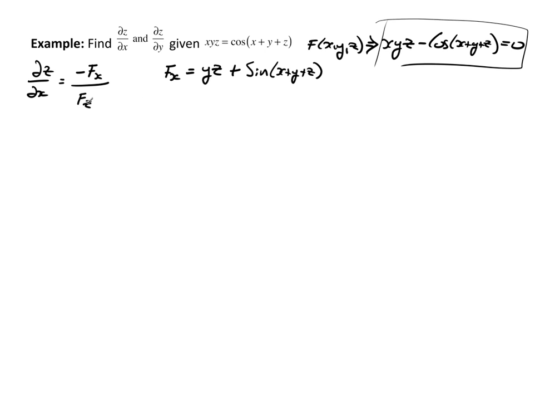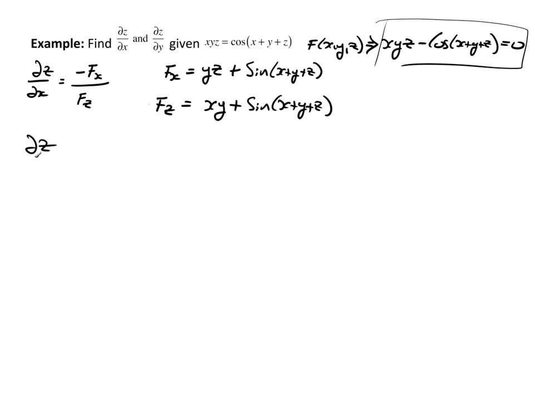And now I need to find the partial with respect to z of this function f. So with respect to z, x and y is now a constant, so that will give me xy. And again, I have plus sine of x plus y plus z. Derivative of the inside is 1.